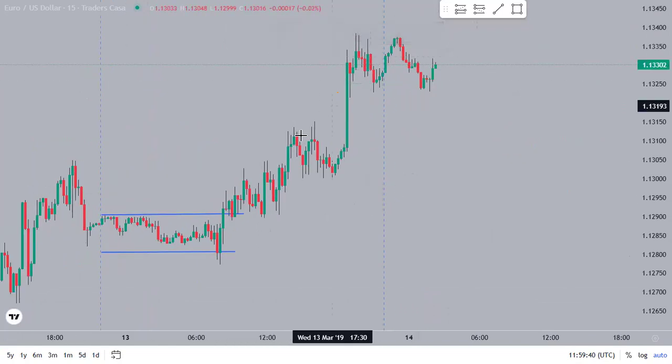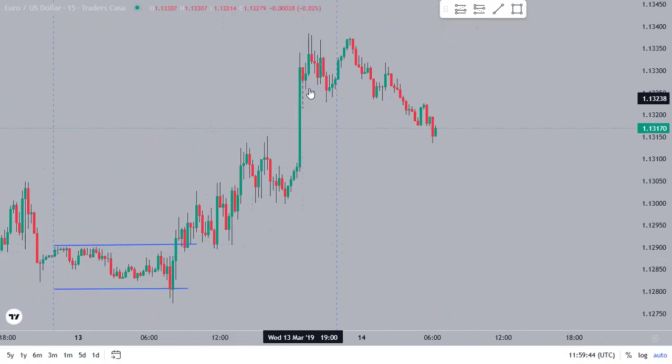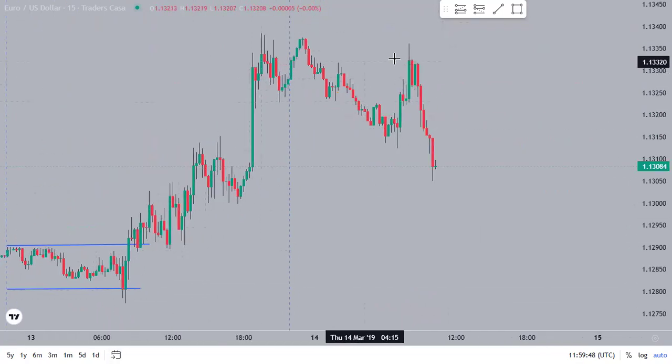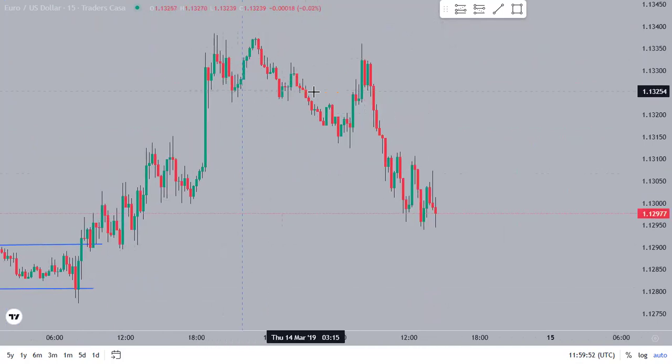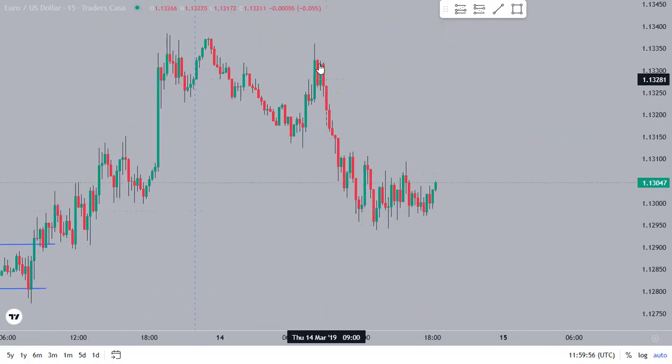You can see we had a bullish trend on this day also. The day ended with a consolidation, and now you can see a bearish trend had commenced.